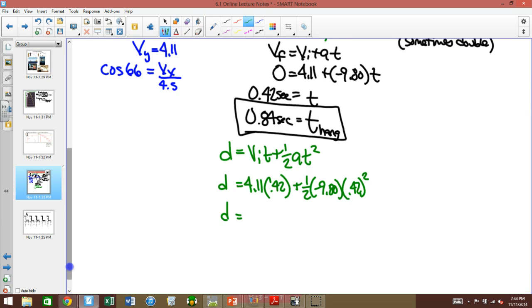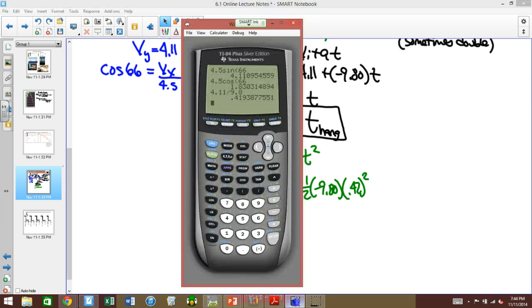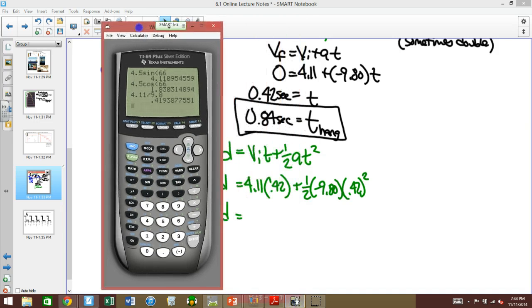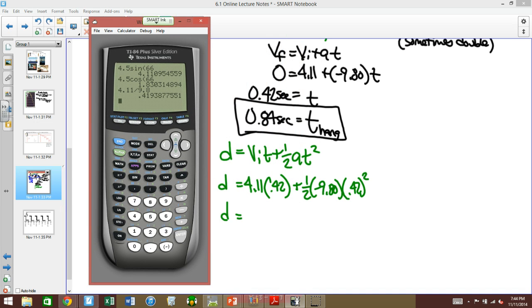And you run this through your calculator, and it's going to come out to be, I think, 0.86 or something like that. It's really small. So 4.11 times 0.42 minus 0.5 times 9.8 times 0.42 squared. 0.86.